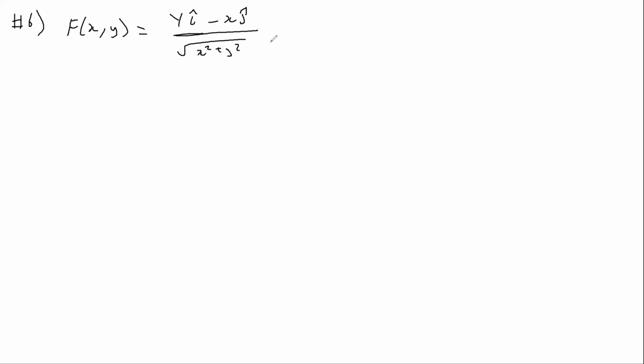First of all, I would split up the i and j components of this vector field. I'll represent it as y over the square root of x squared plus y squared, i hat, minus x over the square root of x squared plus y squared, j hat.